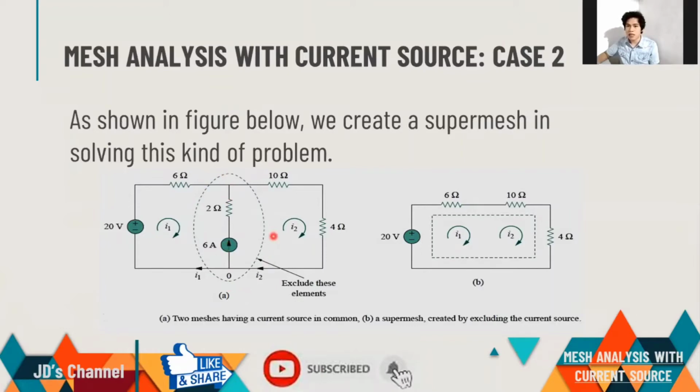Tatanggalin muna yung current source kasama yung ating element dito, kung ano man yan, kung yan ay resistor, inductor, capacitor. Tatanggalin po natin yan. And then ito din, if ito ay dependent or independent, ano po?